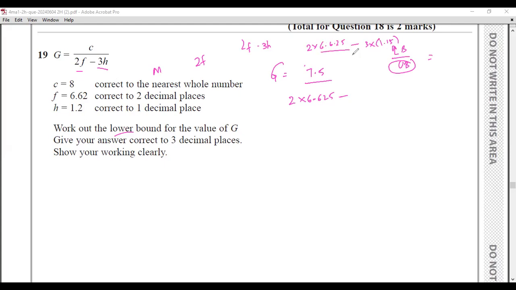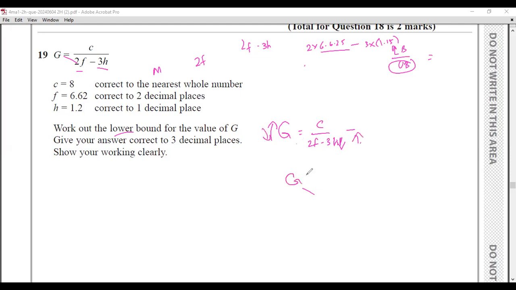Okay, I'll explain here. To find the minimum value, it should be reverse. G is equal to C by 2F minus 3H. If this is minimum, then G will be maximum, in inverse proportion. If this is maximum, then G will be minimum.